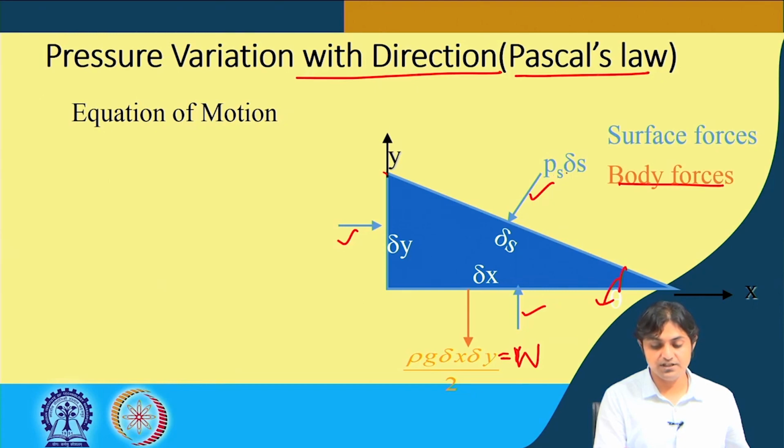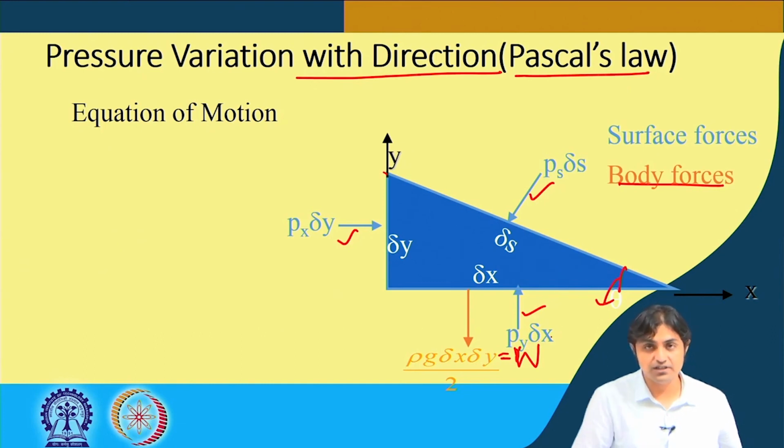So, it will be Ps into area, that is delta s into 1. Similarly, in x direction it is going to be Px, if Px is the pressure acting in this direction, multiplied by delta y into 1, and in this direction similarly it is going to be Py into delta x into 1, because we have assumed unit length in z direction.